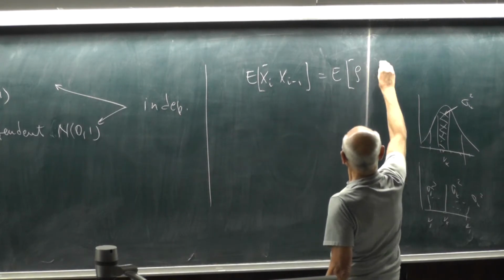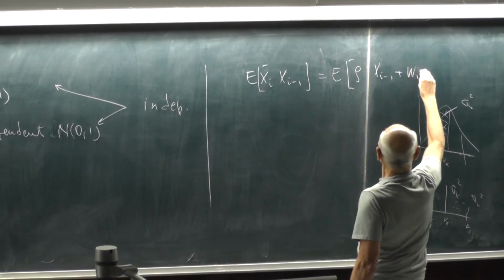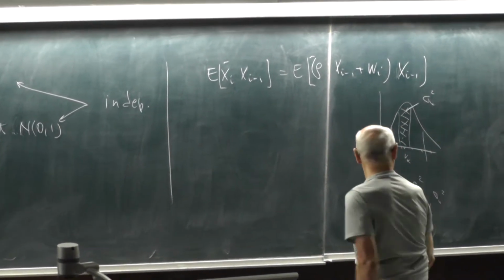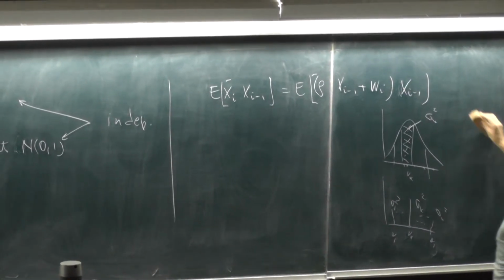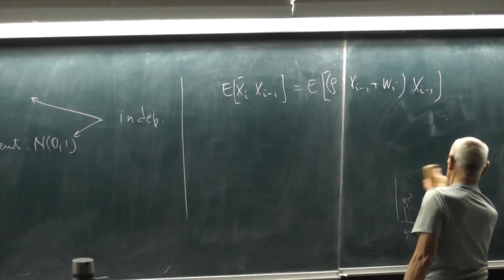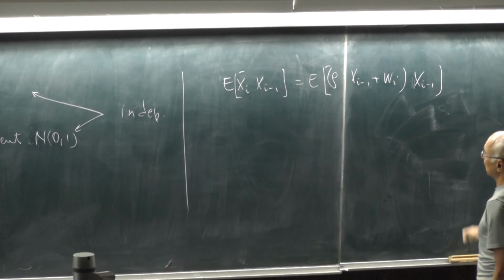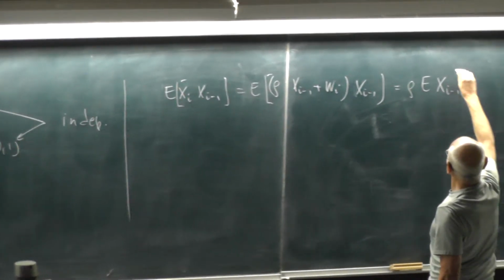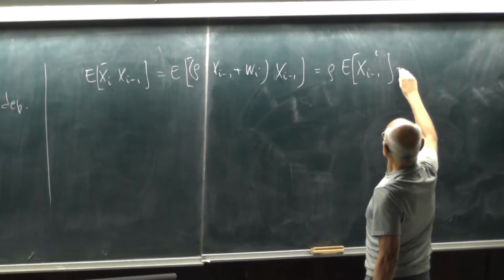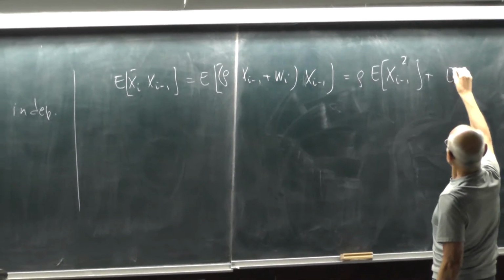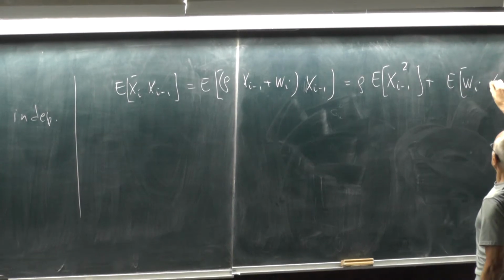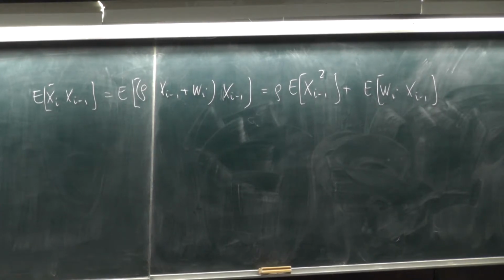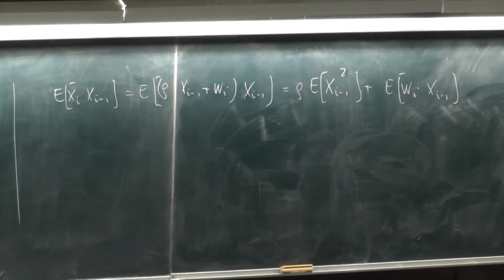Instead of Xi, main properties as expectation operator. That step is obvious for everybody? Okay.